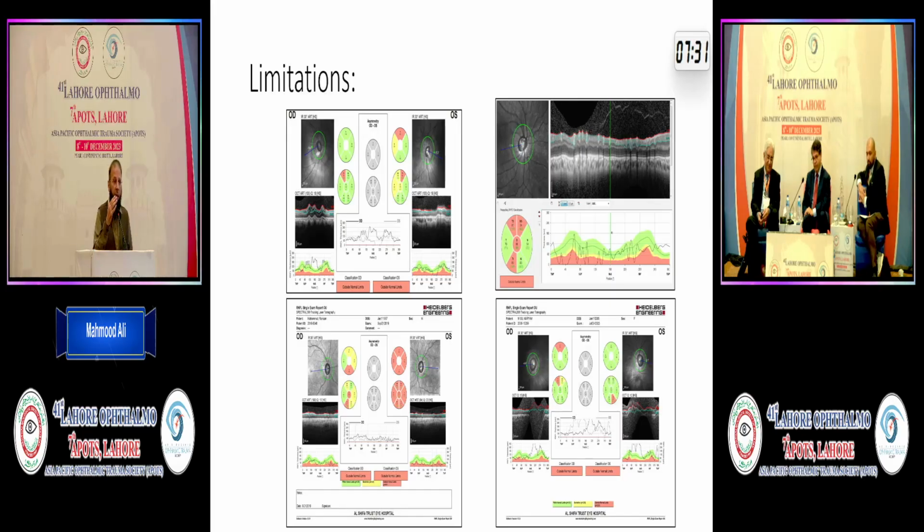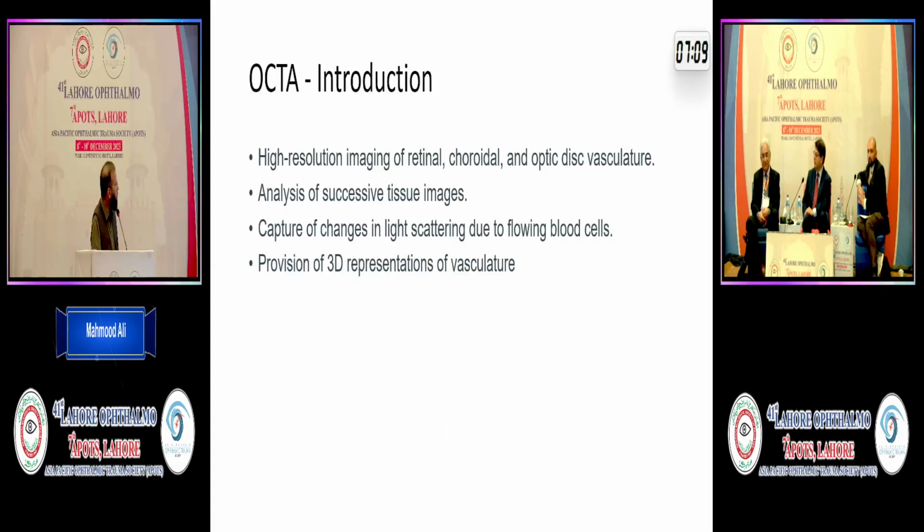And we know that in advanced stages of glaucoma, there is a floor effect, when the OCT RNFL readings are not reliable, and we have to shift and depend more on the visual field 10-2 and 30-2.